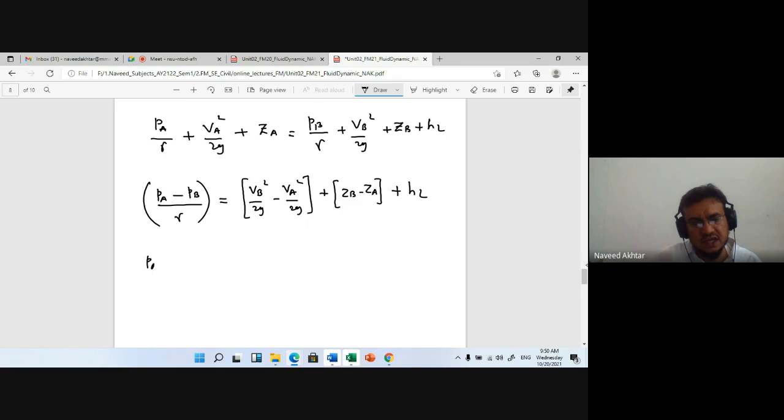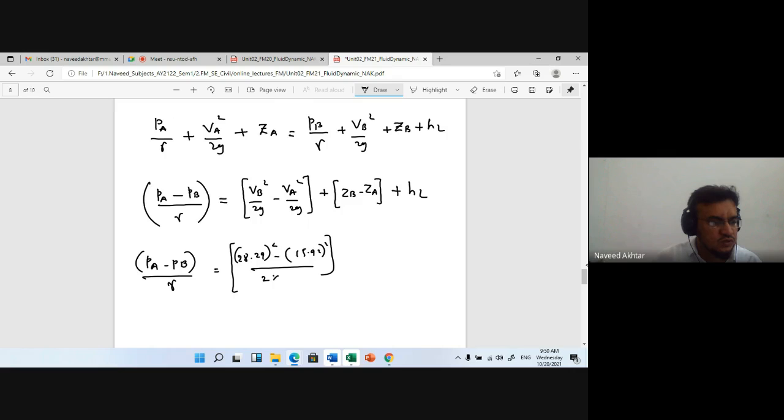So Pa minus Pb upon gamma is equal to Vb square, you have to write down 28.29 square minus 15.92 square divided by 2 into G, G is 9.81, gravity acceleration, plus Zb is 1.5 meter minus Za is 0, and HL is given 5 meter.